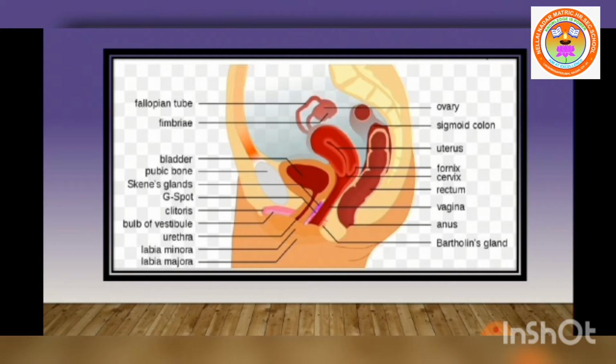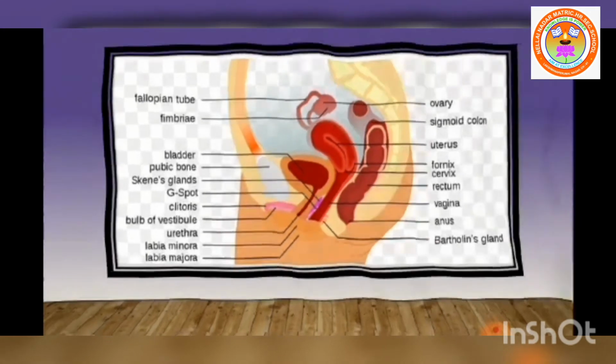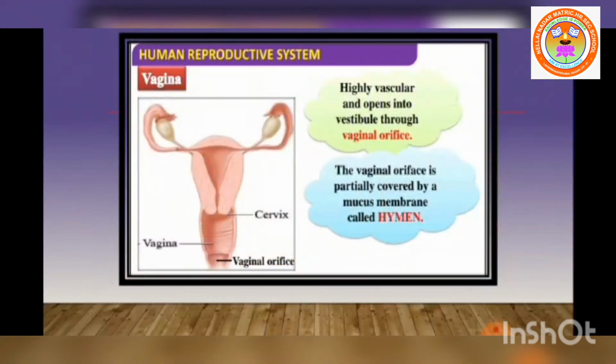The external opening of the vagina is partially closed by a thin ring of tissue called the hymen. The hymen is often torn during the first coitus, which is nothing but physical union. However, in some women, it remains intact.